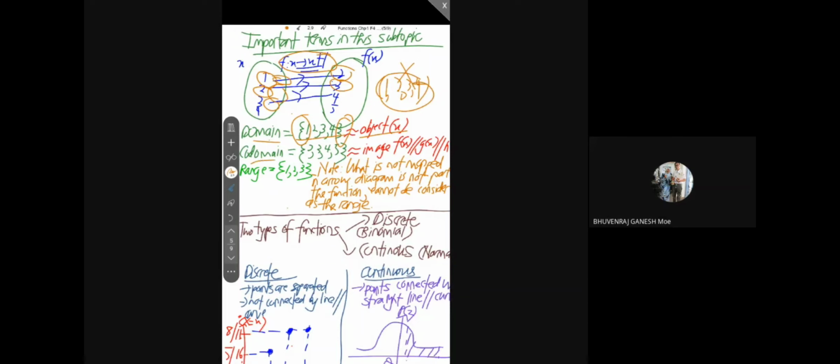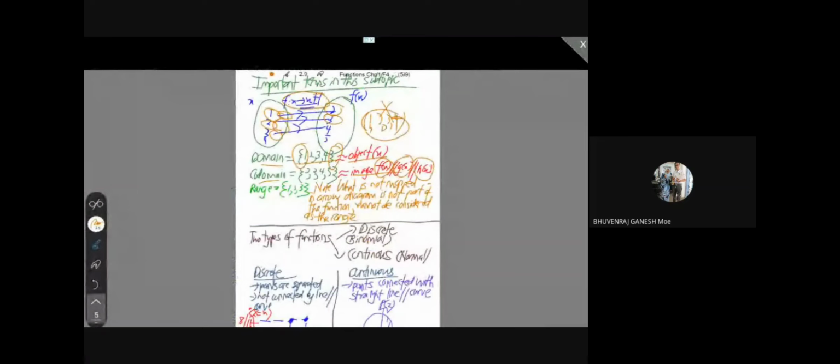And codomain will be whatever is on your right hand side, which is the image. For the image, we have a few common ones we use to represent, which are f(x), g(x), h(x). These are just some common examples I share here. It can be any alphabet you like, but these few are the ones commonly used in the exam.